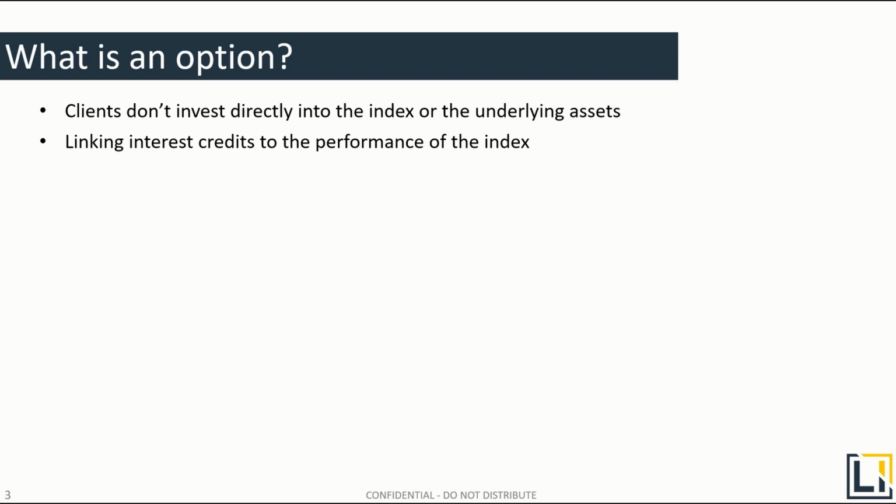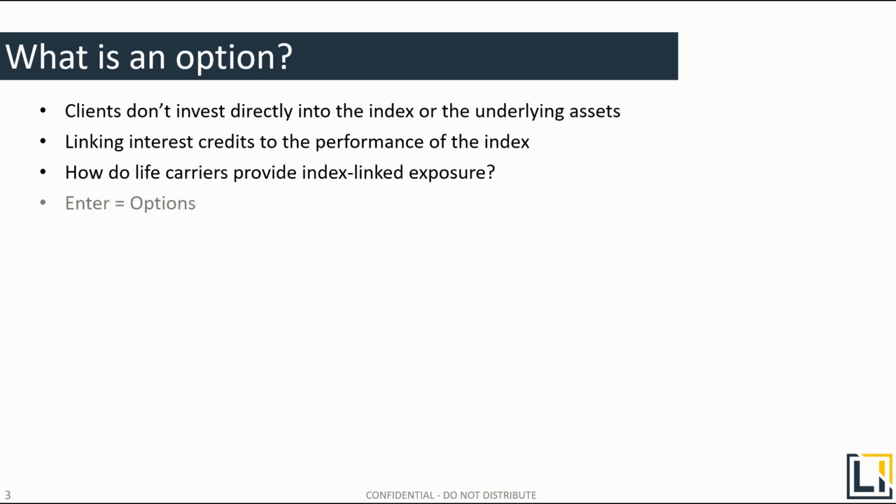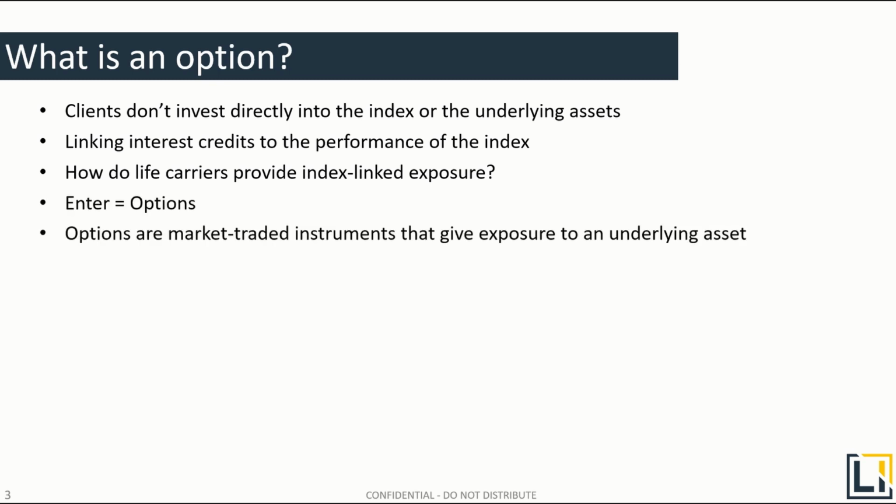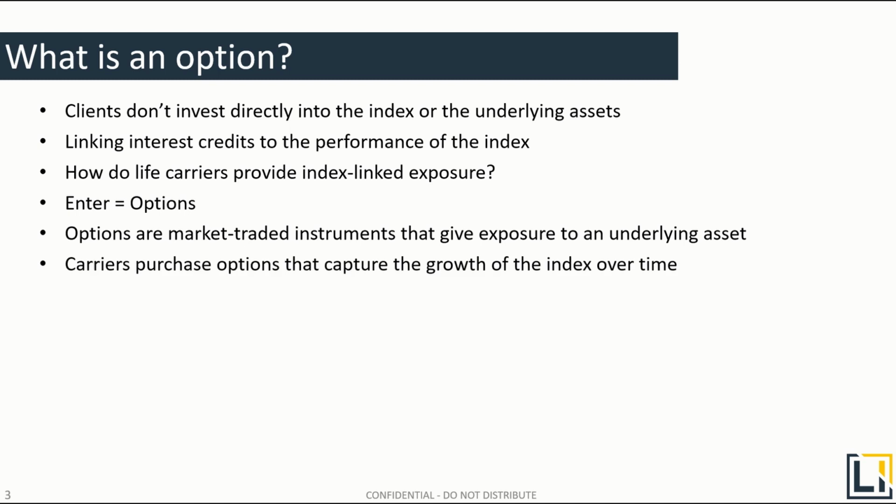Now that's where options come into the mix. Options are market-traded instruments that give exposure to an underlying asset, in this case an index, without actually requiring an investment in the underlying asset itself. In a fixed indexed annuity, life insurers purchase options that capture the growth of the index over a specified period of time.